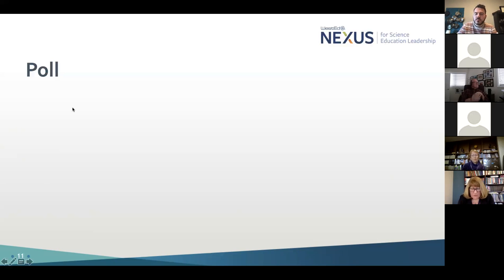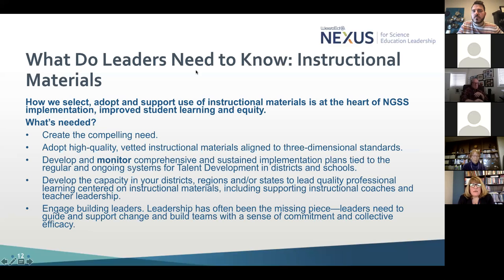What do leaders need to know about instructional materials? I think we really need to understand deeply, back to the first knowledge base we shared, what is entailed in NGSS or in three-dimensional learning, what really is needed. And is it really in our best interest to have teachers developing materials every year, all the time, and just in time, for their work?